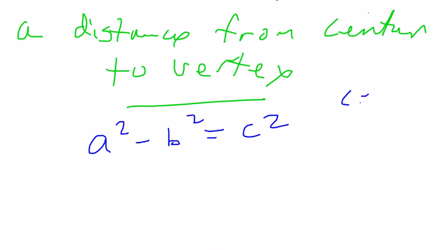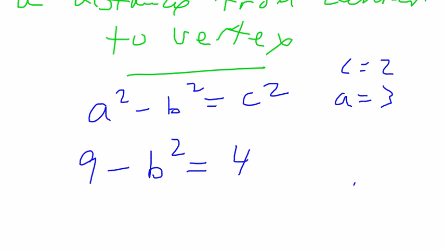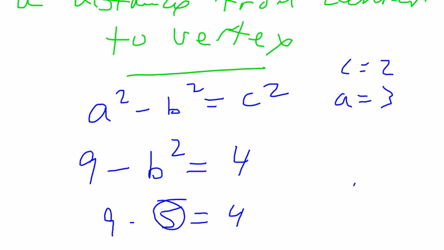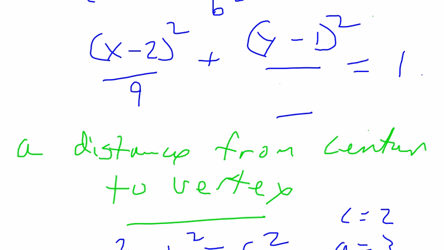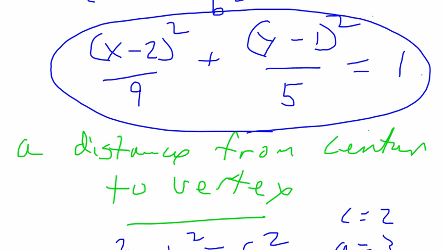So c equals 2. a we just found to be 3. So 9 minus b squared equals 4. b squared then must be 5. So put a 5 in right here and be done. b squared is 5. Here's the standard form of your equation.